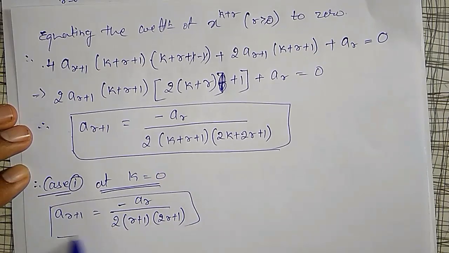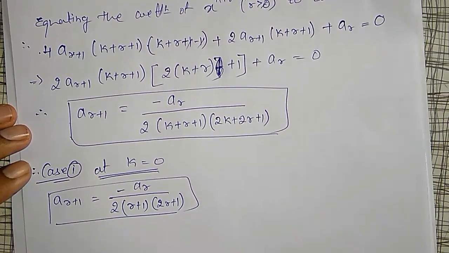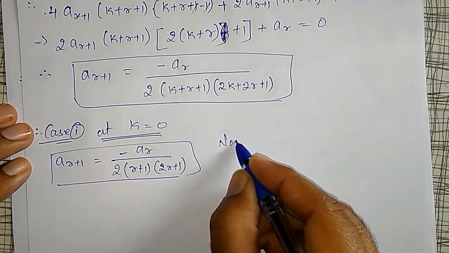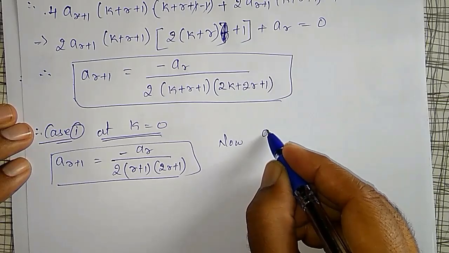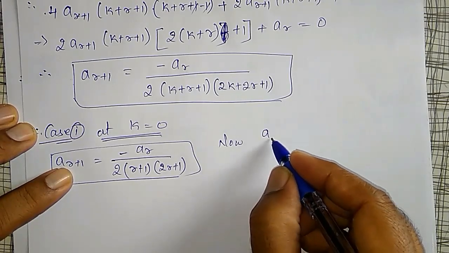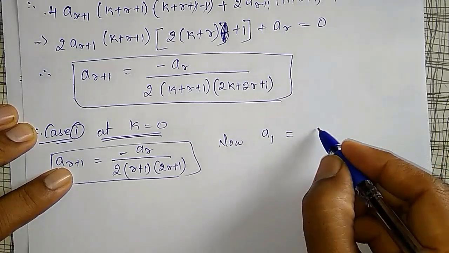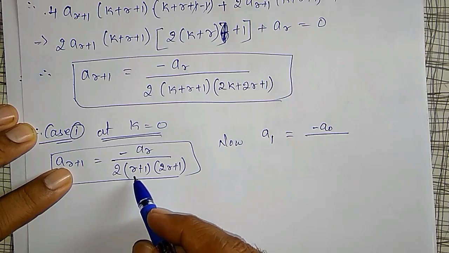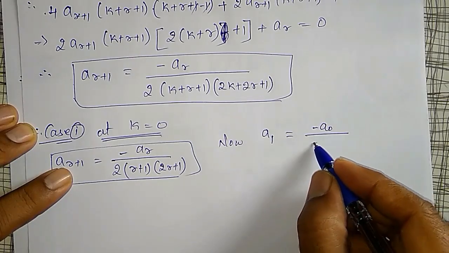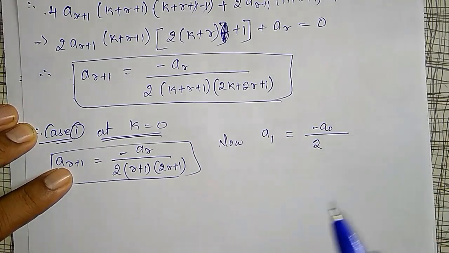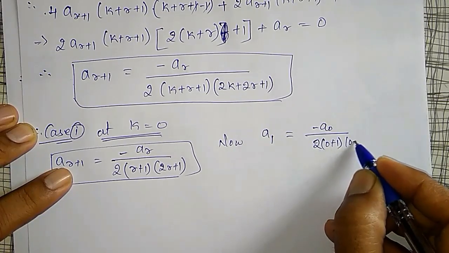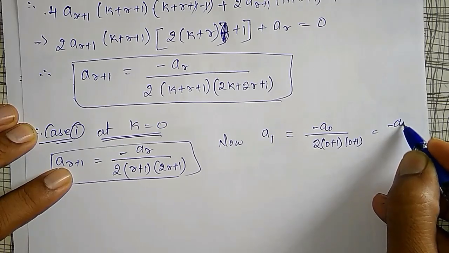Therefore a1, a2, all these I will calculate using this. Now at r equal to 0, a1 will become minus a0 divided by 2 into 1 into 1.